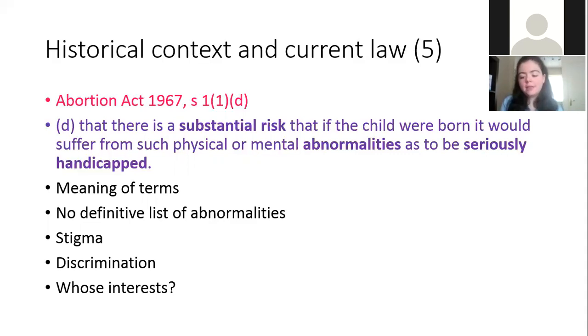Or is it in the interests of the pregnant person to not have to raise a child with abnormalities or who is handicapped? Don't know, that's up to you to decide. Or is it in the interest of society to, again, back to the stigma and discrimination, limit the number of people being born with serious handicaps or abnormalities?